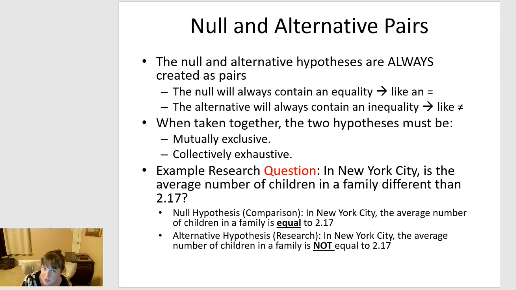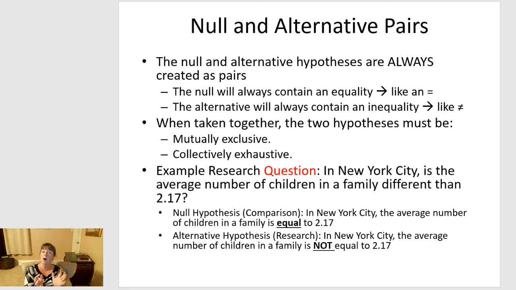But my alternative hypothesis is just my research hypothesis, right? In New York City, the average number of children is not equal to 2.17. There is some interesting effect of living in New York City on the number of children that you have. It's not going to be 2.17. It's going to be something else. And these are the two hypotheses I pit against each other.